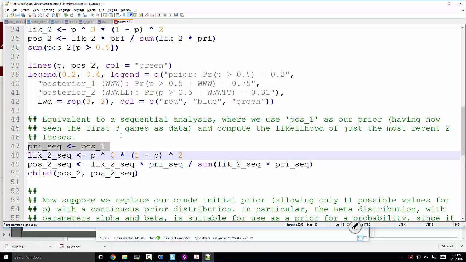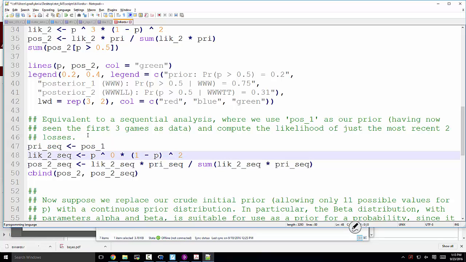This is what we believe now, and we want to incorporate some additional data. So here I'm going to set the prior equal to the posterior from the previous 3 games.